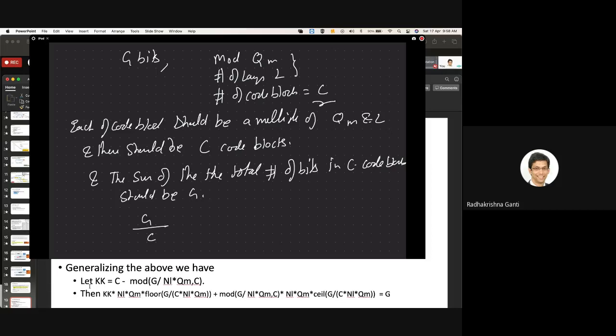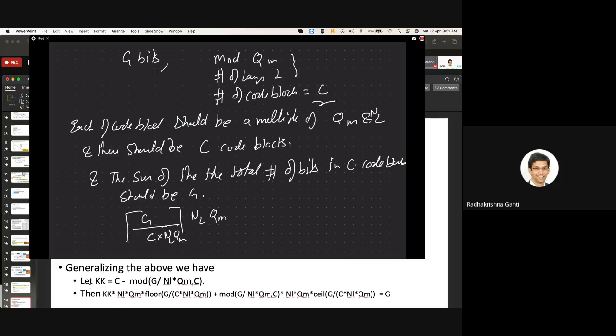If everything is a multiple, G by C would suffice, but this need not be a multiple, and need not be an integer also. So you take a ceiling. You also divide by the number of layers NL and QM, and multiply by NL into QM.